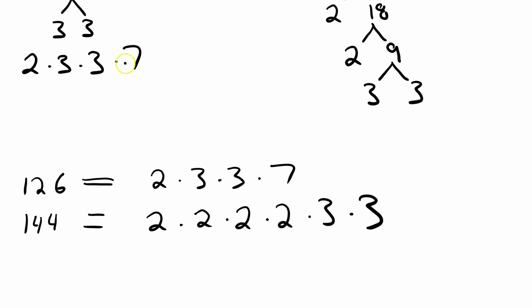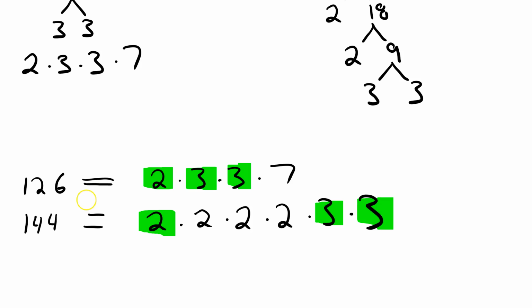Double check, make sure you haven't missed any. Perfect. So now what you want to do is you want to find prime factors that are common to both lists. So I'm going to get a green highlighter here. I can see there's a 2 in this list, a 2 in this list. There's a 3 in this list, and a 3 in this list. A second 3 in this list, and a second 3 in this list. So you're looking at what is common. There's nothing common in the 7, and there's no other 2's common, so I leave those out.